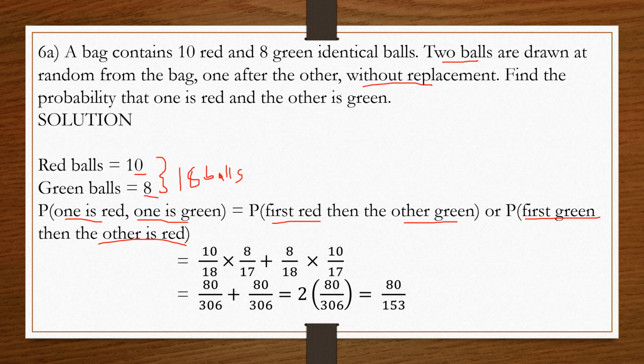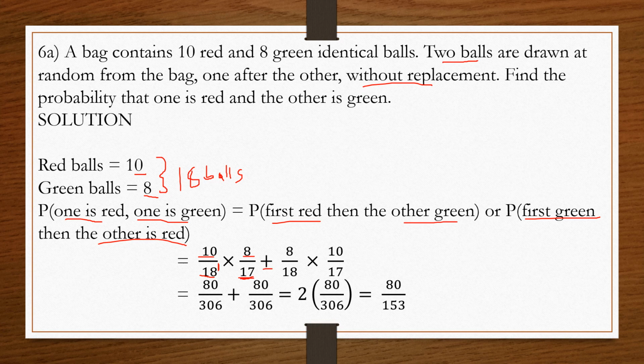So if the first is red, we'll have 10 red balls out of the 18, which is the total number of balls, times the second green. Now we have 8 green over 17. Why is it 17? Because we have taken one of the red balls out, and it will now cause this to be a total of 17 balls.